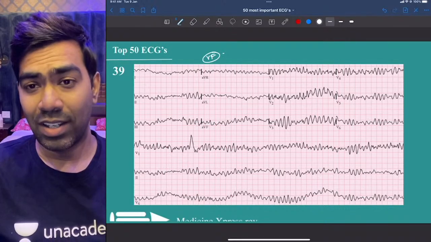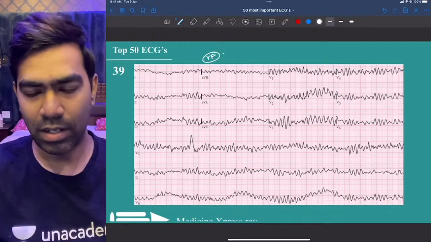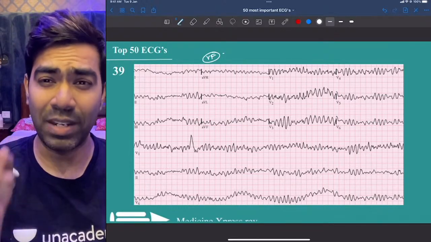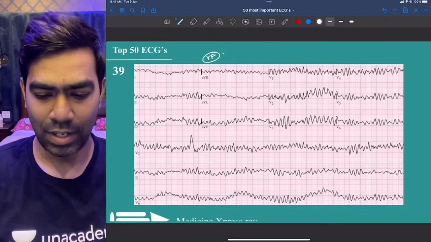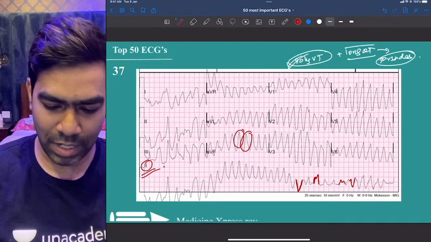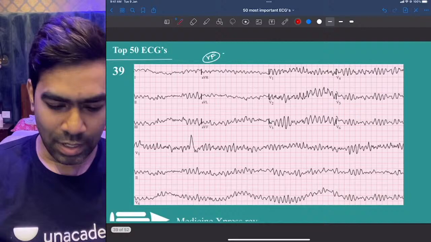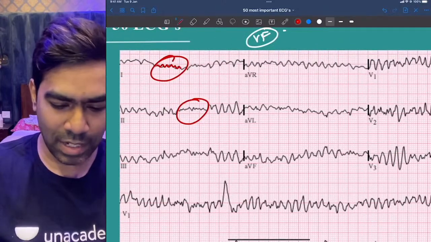As I told you, in atrial flutter there are some big complexes, but in fibrillation the complexes will be very small and sometimes indiscernible. You don't know whether the ventricle is contracting or not. So here you can clearly say that the ventricle is contracting, there are some discernible ventricular complexes going on. But look at this area.